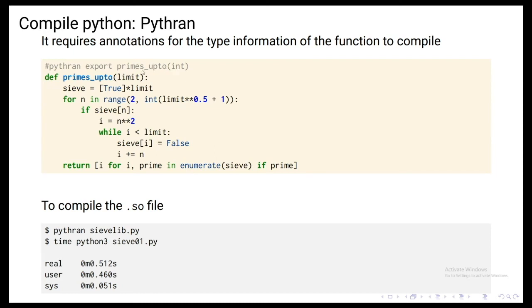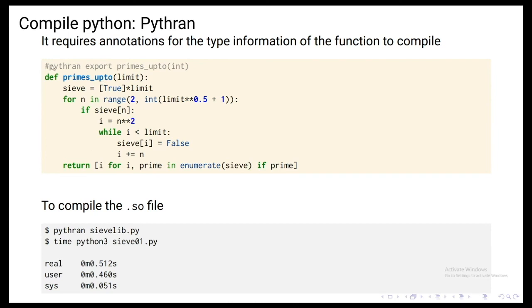And in this pragma-like annotation, pragma in the sense of OpenMP, you define the data types of only the inputs to the function that you are going to precompile.